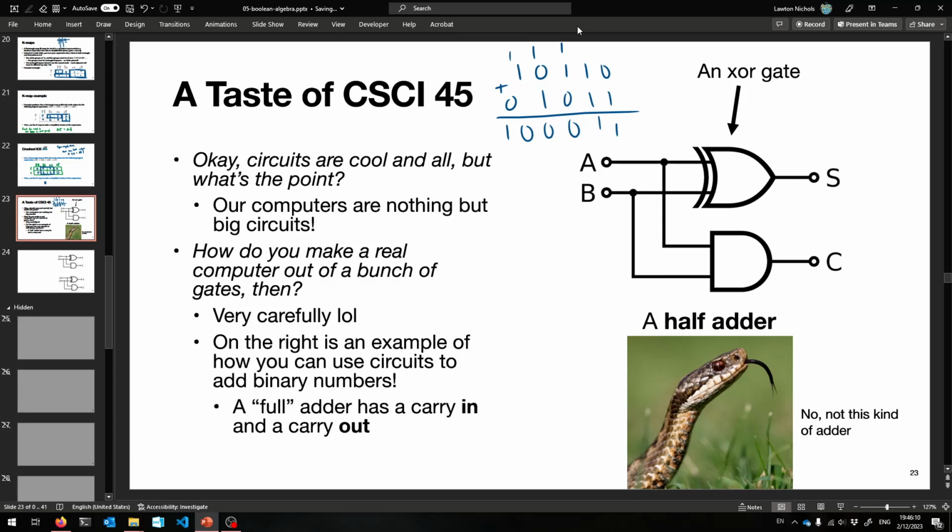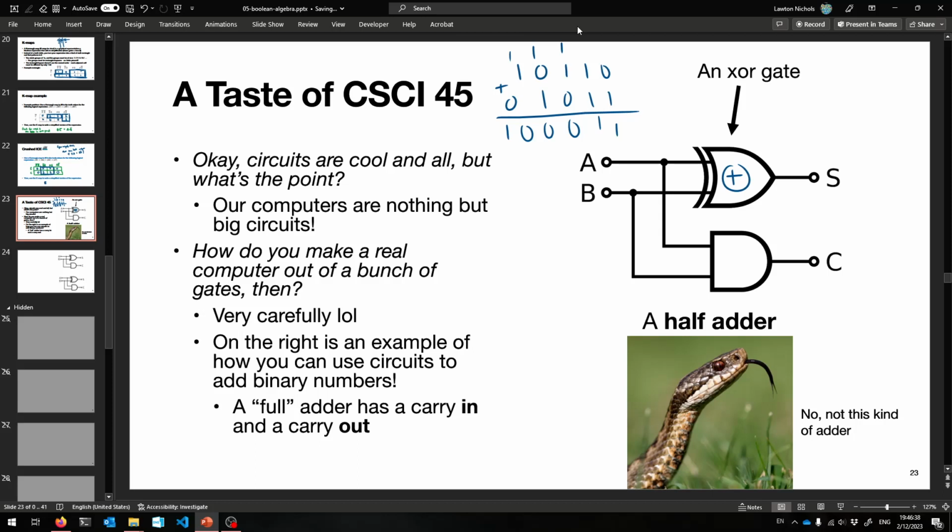And so, if you think about this, you can translate this into logic. Each bit is just a single Boolean variable, and then their sum is some output variable. You got some wires in and some wires out. So here is how you can use circuits to add numbers. It just so happens that the XOR gate is doing 1-bit addition.